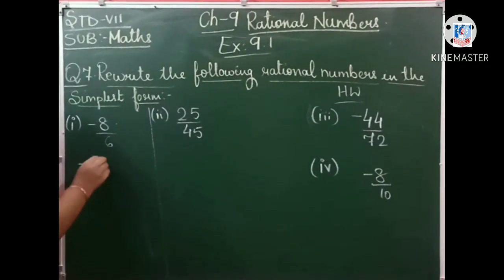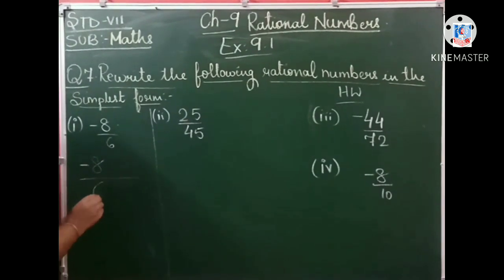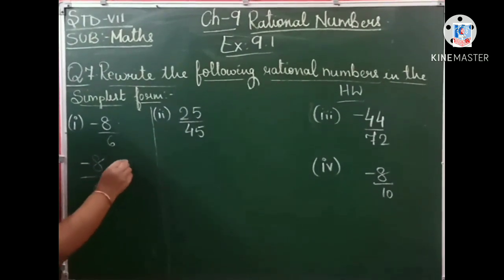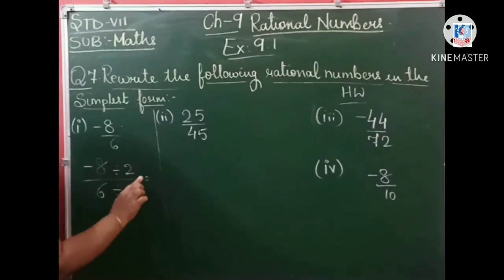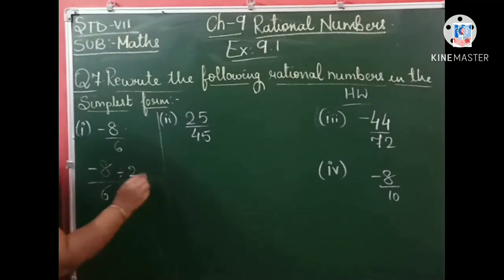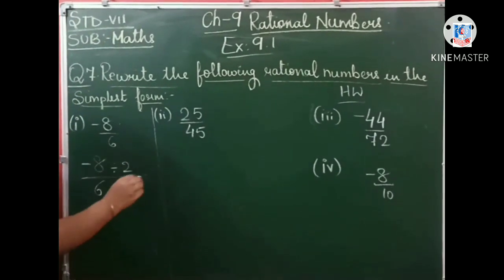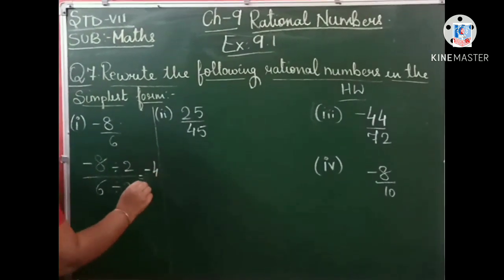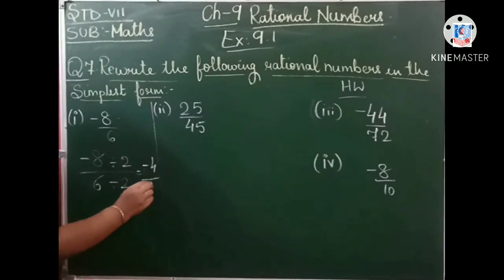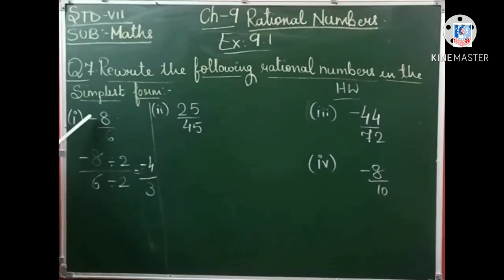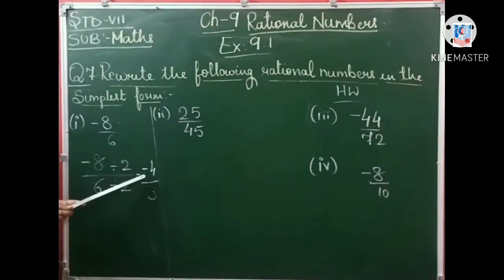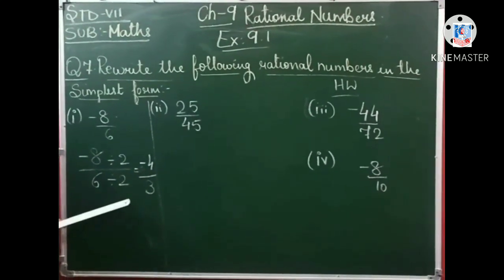So, minus 8 by 6 divided by 2 is equal to 8 divided by 2 is 4 and minus 4, and 6 divided by 2 is 3. So, the simplest form of minus 8 by 6 is minus 4 by 3.